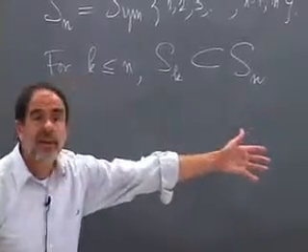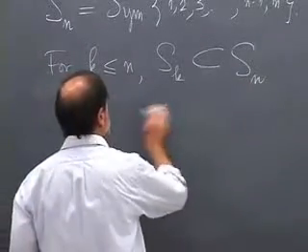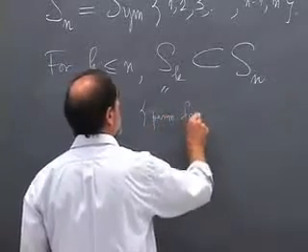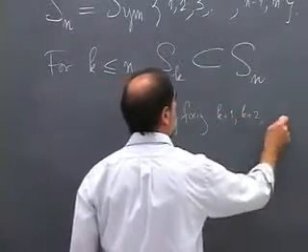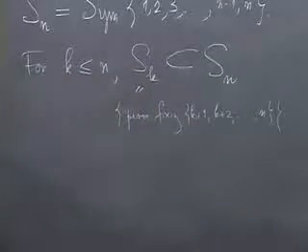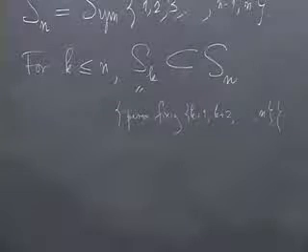Same argument. It fixes all the letters past k. Permutations fixing k plus 1, k plus 2, up to n. So you very frequently get subgroups by insisting that they fix something, and then when you compose two symmetries that fix something, it fixes something, etc.